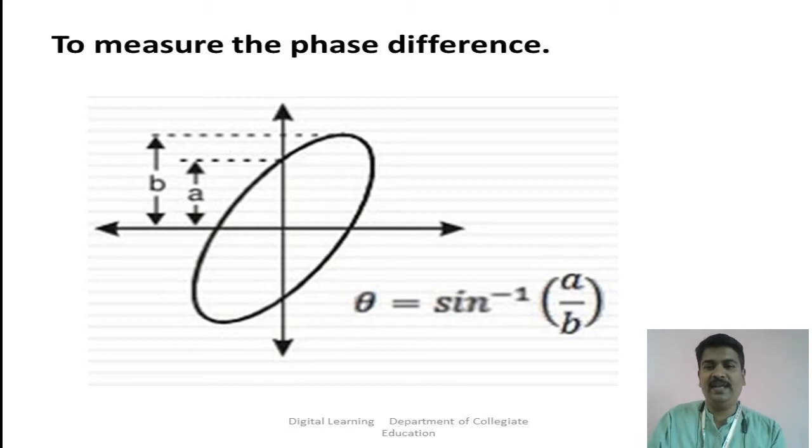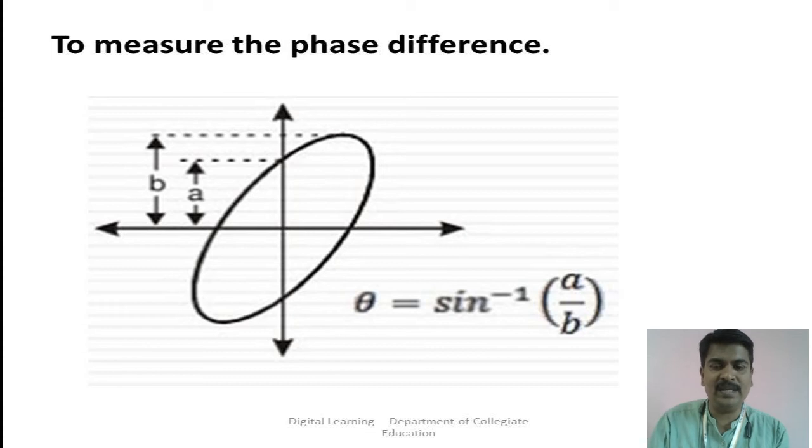After finding A, you have to find the distance B also. Here is the peak of the ellipse. From the peak of the ellipse, you draw a horizontal line. This will touch the y-axis at this point.